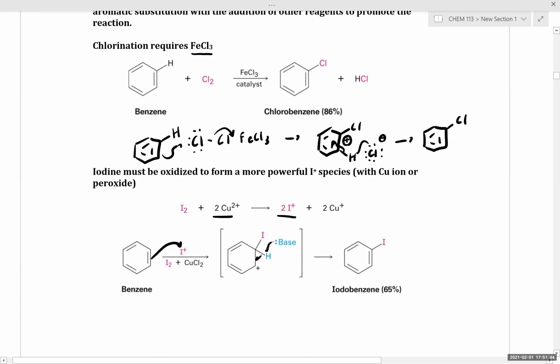It's identical to the bromination mechanism. Any questions on chlorine and iodine variants?